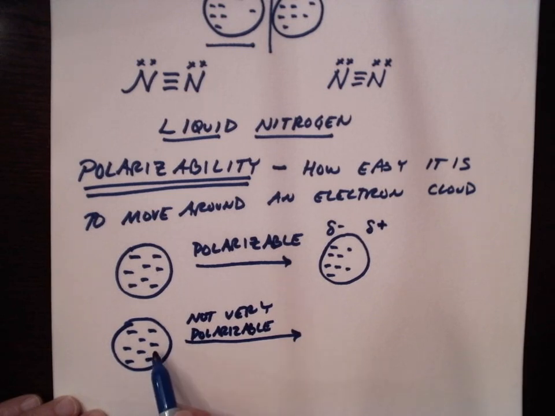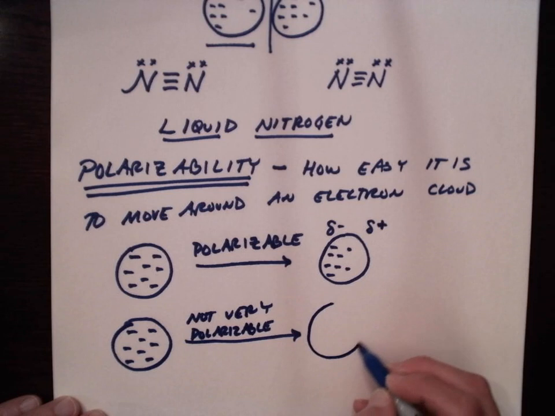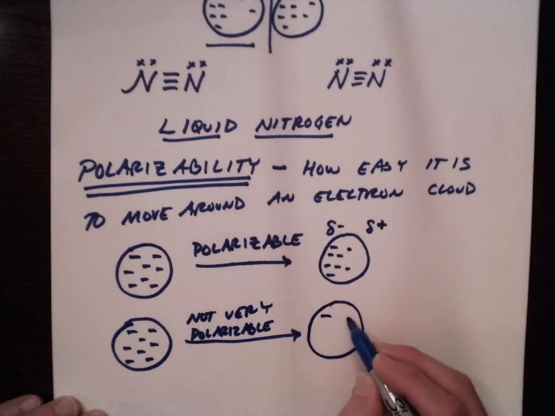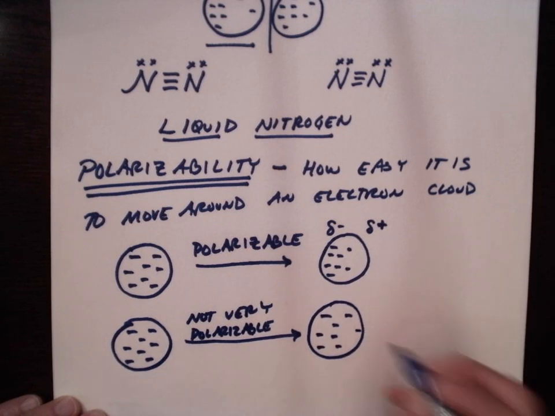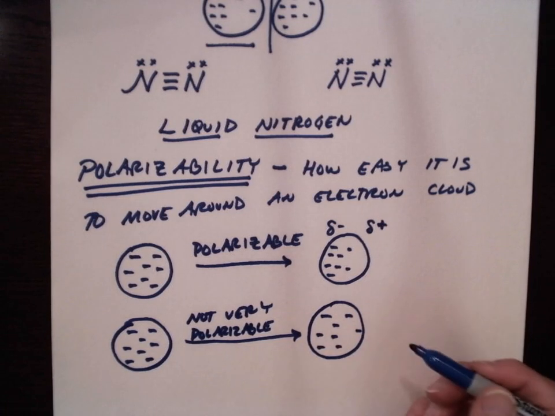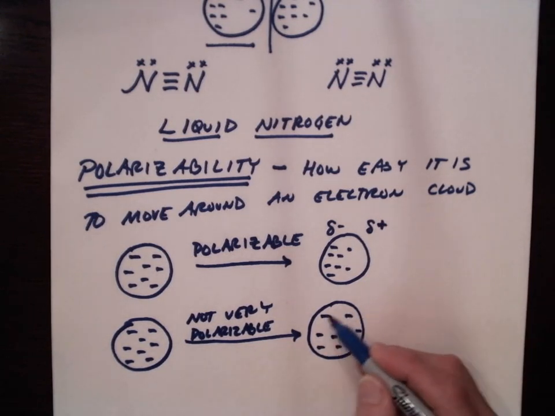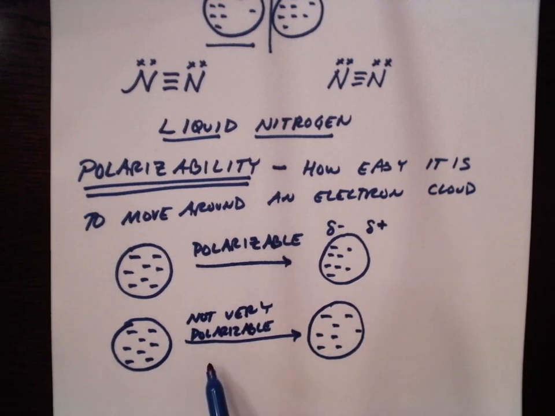So just to designate this, I'm going to move this electron over in this direction, but everything else pretty much stays the same. All right, this one's going to shift, so we're going to move this one over here. And in this case, it's pretty much the same thing. It's almost as if you get no shift of the electron cloud in this case. So we would say this is not a polarizable entity.